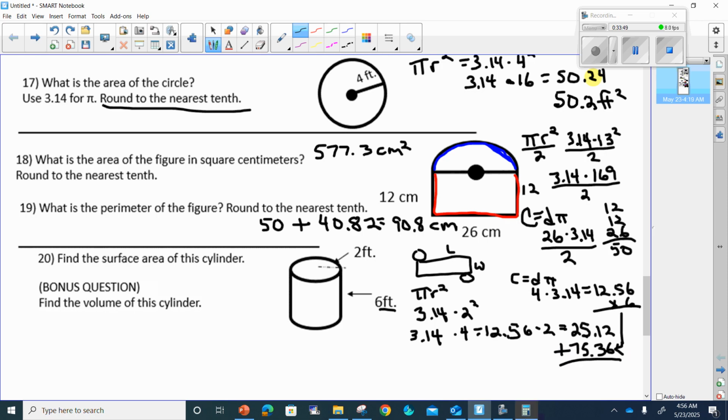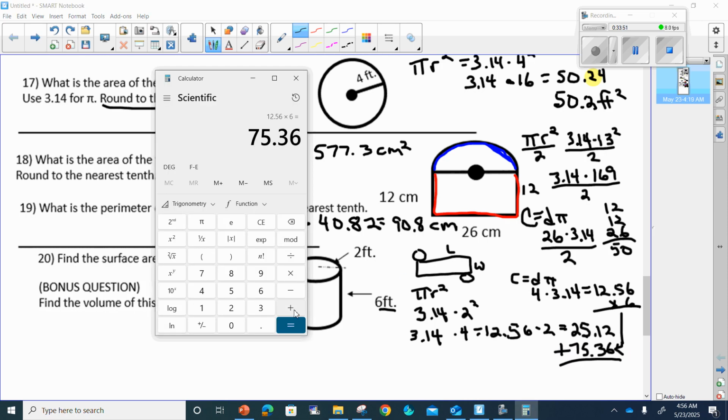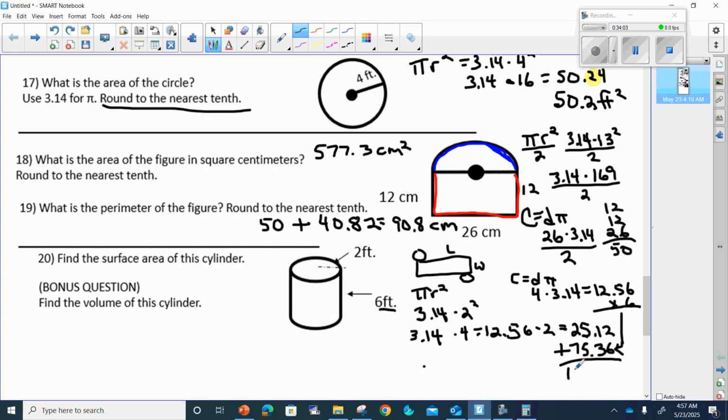This will give us our answer. Our answer is 100.48. That's the surface area. And it doesn't tell us to round to the nearest 10, so we can leave it there. The surface area is 100.48 feet squared.